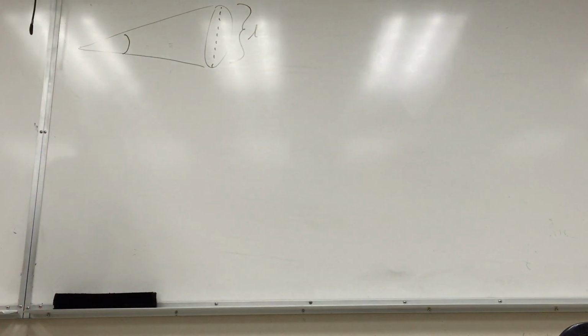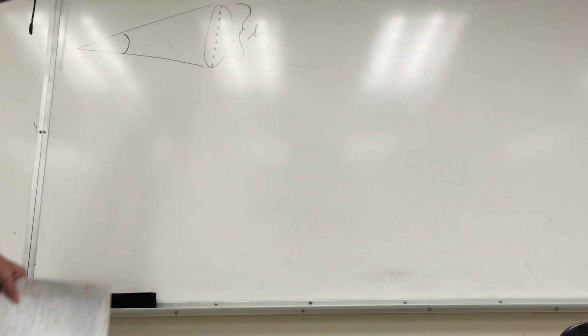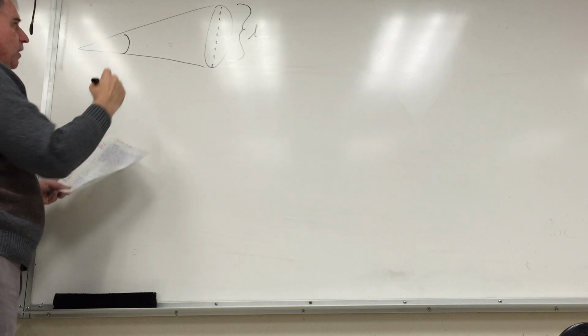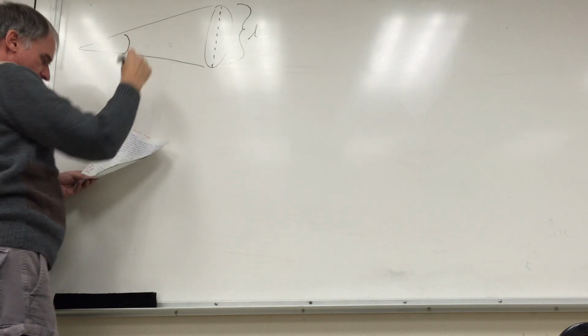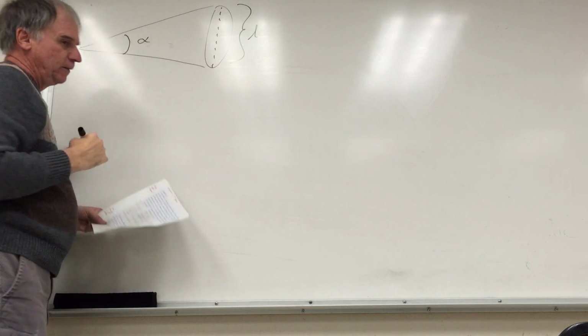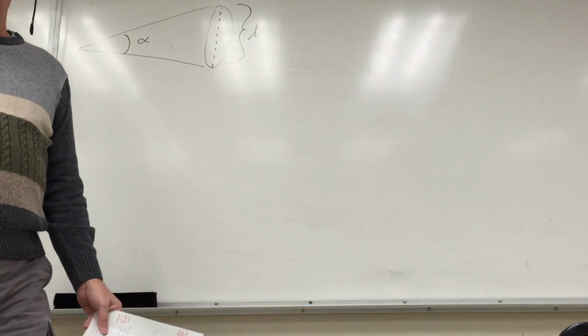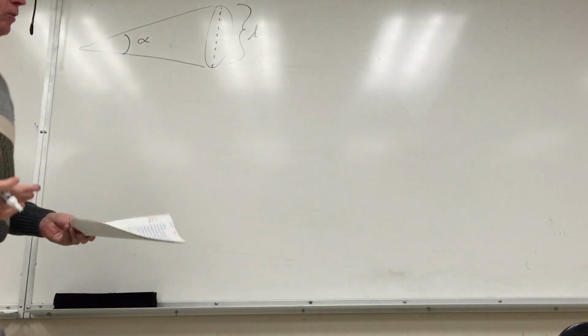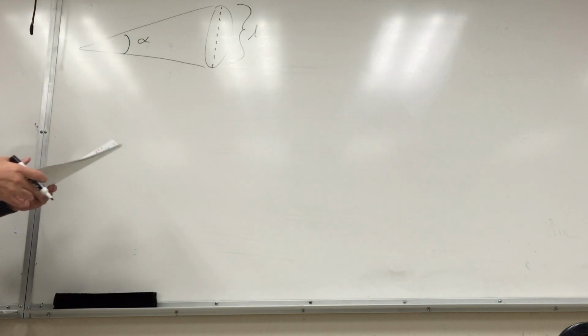You'd have to sweep your arm through that angle to go from one end to the other. In the textbook, they use the Greek letter alpha to represent this angle. Why not just use the letter A for angle? That would have been less confusing.